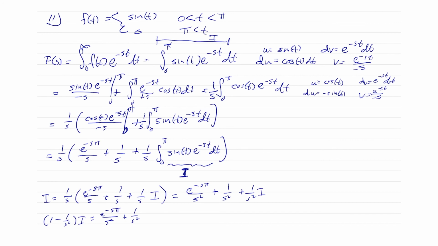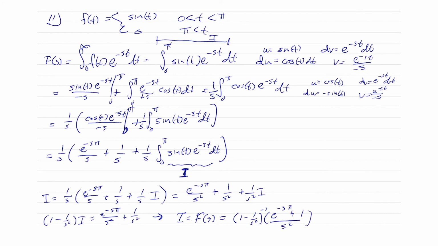And then that tells me that I, which was really F of s, is going to be, let's see, it's going to be 1 minus 1 over s squared, taking the reciprocal, times e to the minus s pi plus 1 divided by s squared.